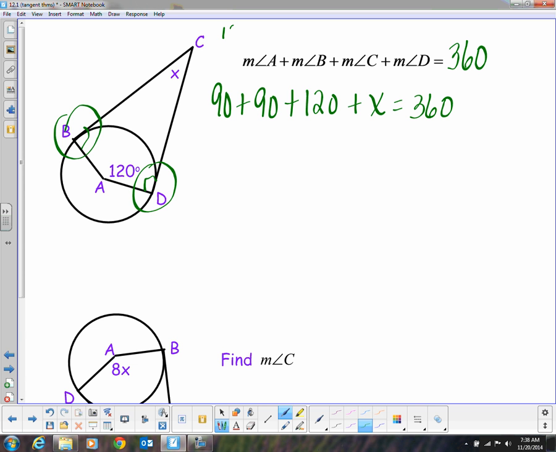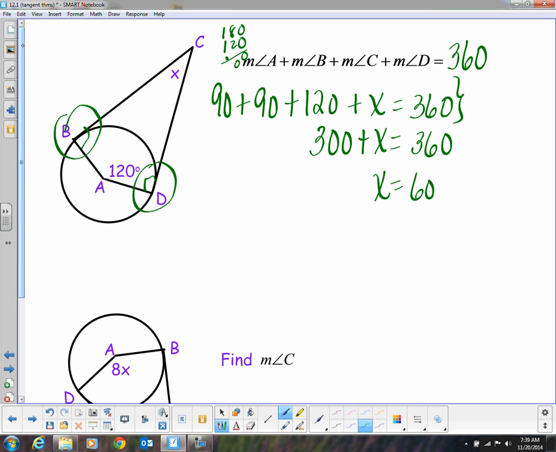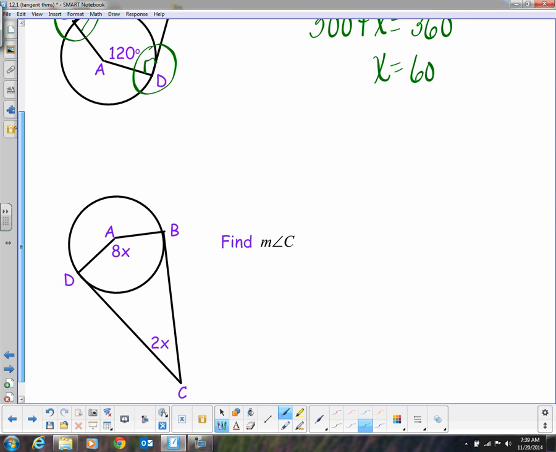That's going to be 180 and 120 is 300 plus x is equal to 360. So what is x? 60. Again, this shows me concept. This is where the lion's share of the points will be. And then if you make a careless error, it'd be minus 1 instead of minus most of them.